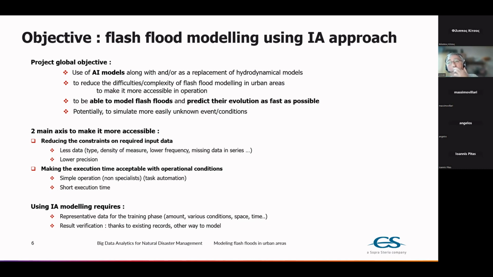Of course, we all know that if we are talking about AI modeling, we need a lot of data for the training phase, good data, representative data of what we want to figure out, which is a very tough condition to fit sometimes.